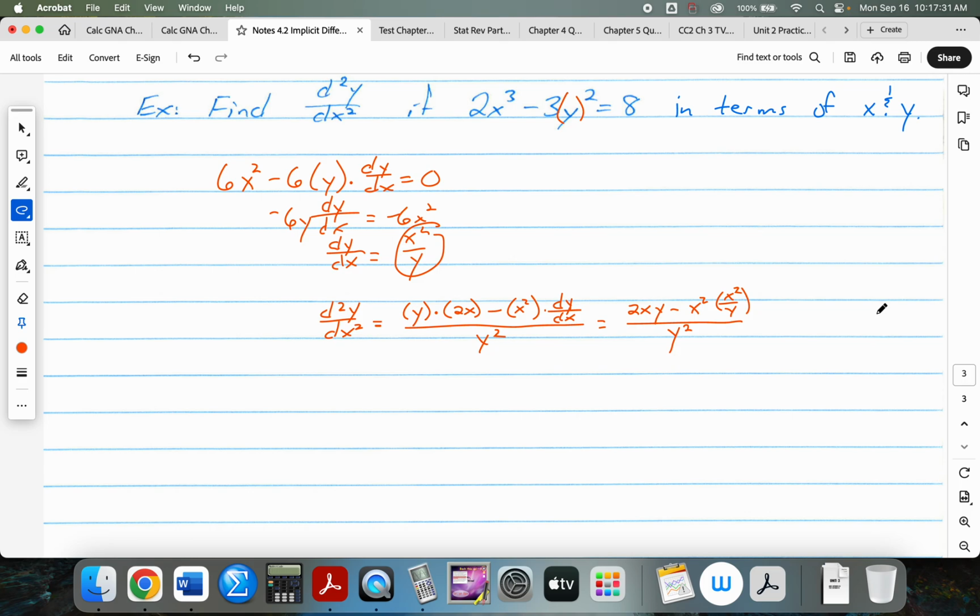This is a complex fraction, and therefore I need to multiply by the denominator that's giving me the troubles, that is the y, so I multiply both numerator and denominator by y. And that's going to give me 2xy squared minus x to the fourth all over y cubed.